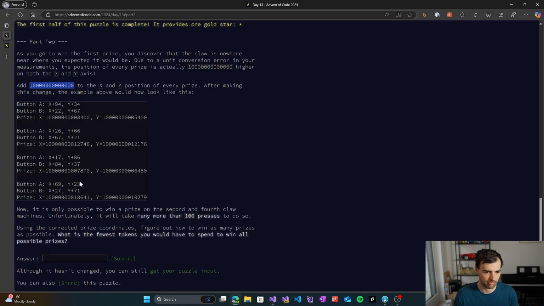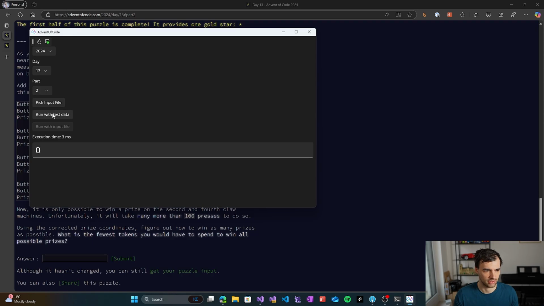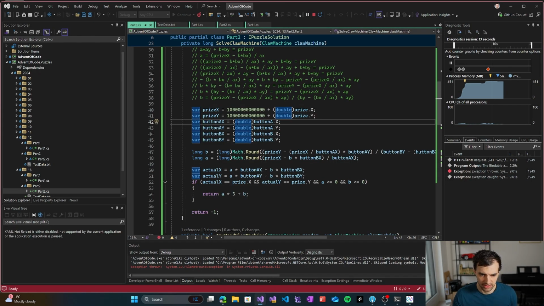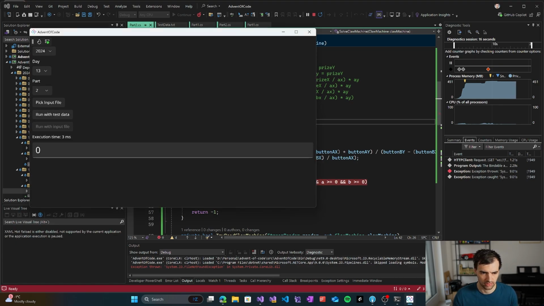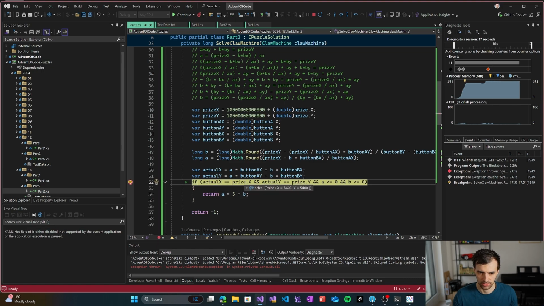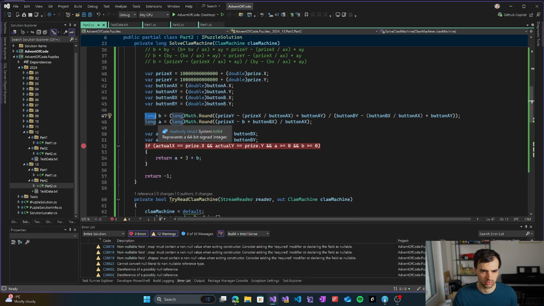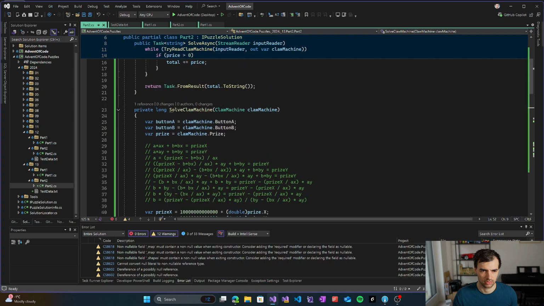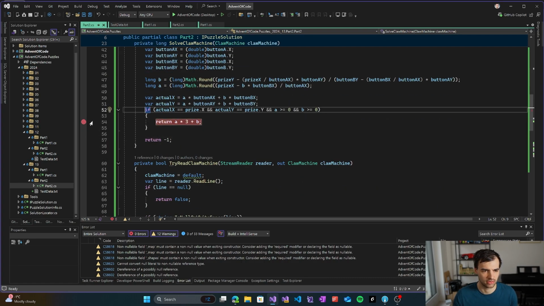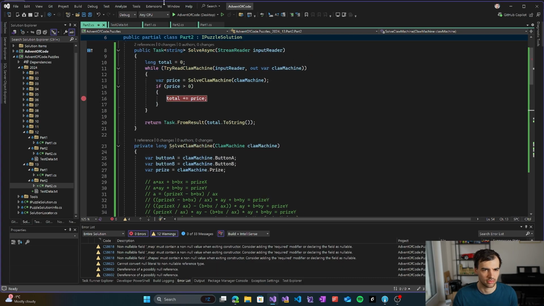So the claw machines will be read the same way as before, but the solution will be a little bit different because we will have to add this to the price X. And then we calculate things, and we can try it for the first run. See what happens on the sample input. So we do test data. So it's 0. So we probably overflow somewhere. I'm guessing. So data. So actual Y, actual X times BY. Okay. So let's do simulate. Okay. So what is the result when we run it here?